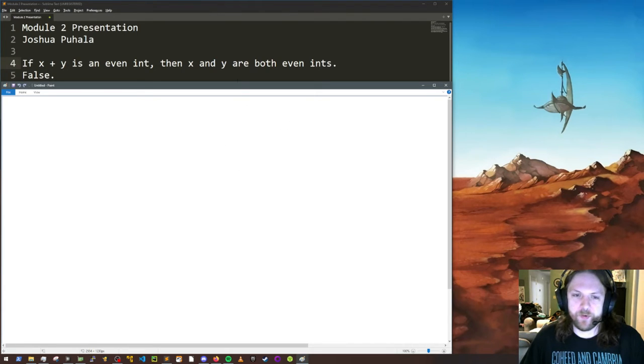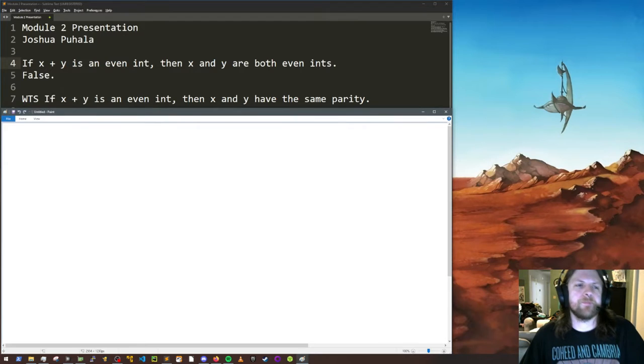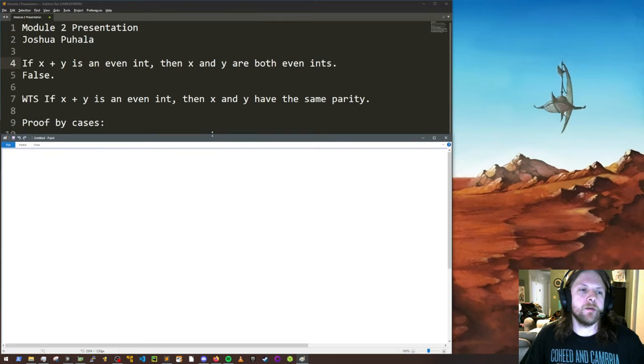So again, I'll be showing that if x plus y is an even integer, then x and y have the same parity. What that means is that they can either be both even or both odd, but they have to be the same. I chose to do a proof by cases for this.